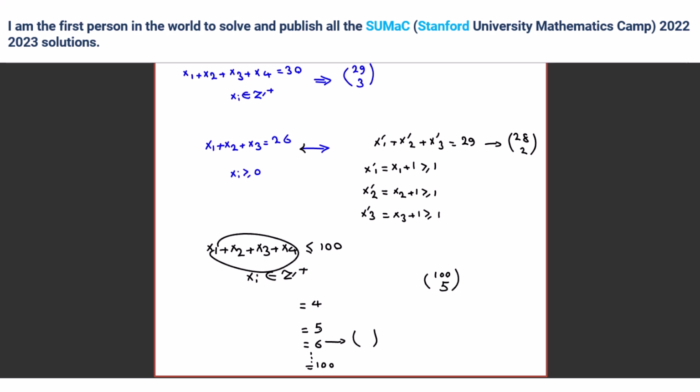When the sum is 6, it's 5 choose 3. Yes, exactly. So if we calculate, the last answer is... don't rush, pay attention, there is no rush. So the answer is what? 100 choose 4. Good job.